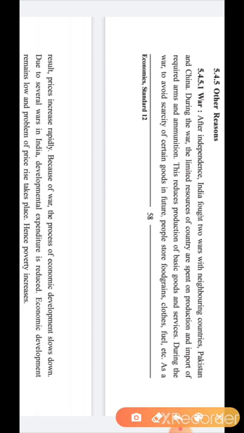So the money the government has is not able to be used in developmental expenditure. Economic development remains low, the problem of price rise is there, and hence poverty increases.